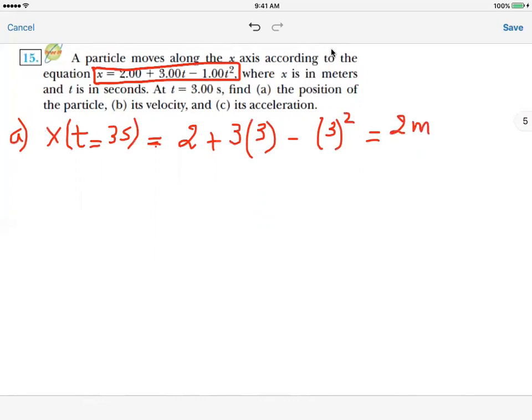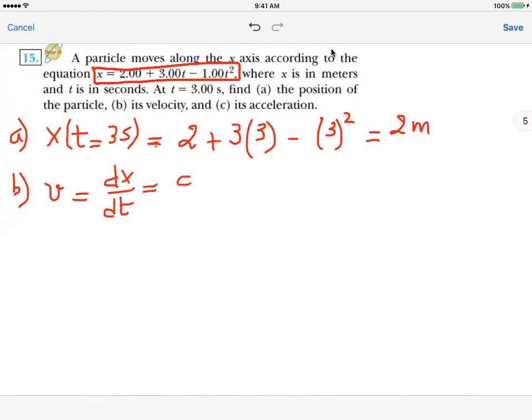Now, part B. We have to determine the velocity of the particle at the time t equals 3 seconds. We don't have the velocity in the given, but we know what the instantaneous velocity is. By definition, the instantaneous velocity v as a function of time is the derivative of x with respect to time.